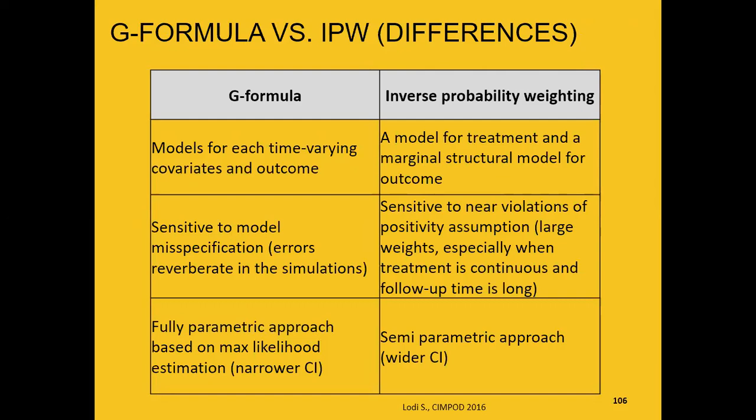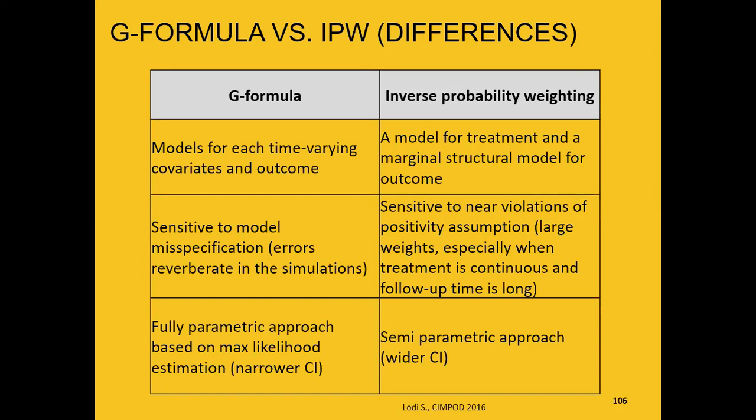So G formula models each time-varying covariate and the outcome. At the very first step, the G formula approach needs to model everything, and using the coefficients from those models, simulate data under the treatment strategy.